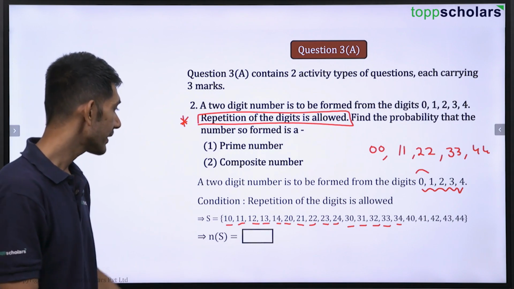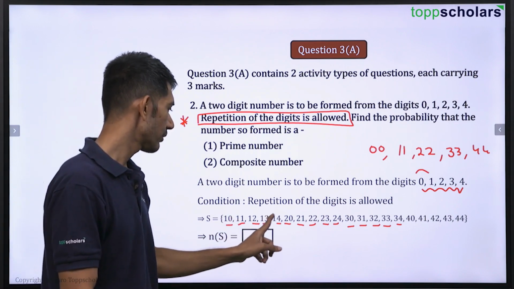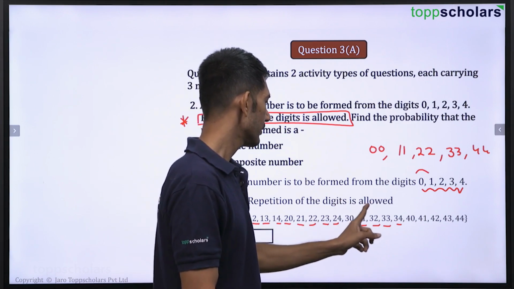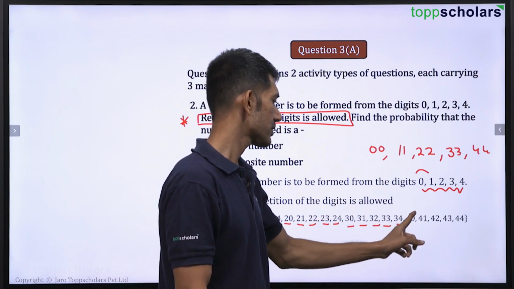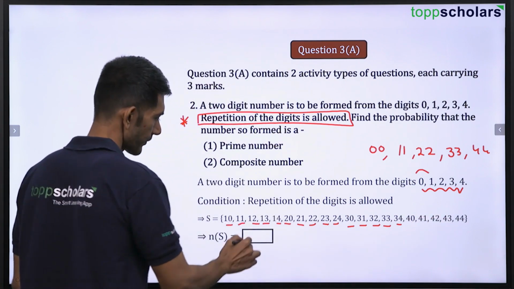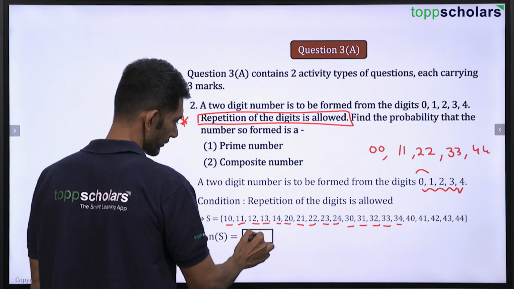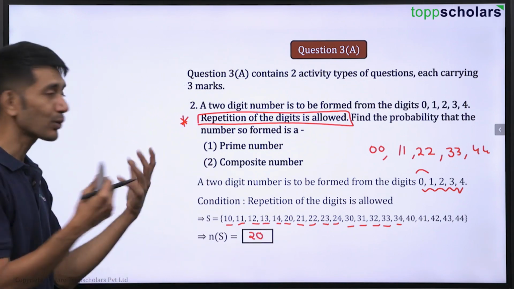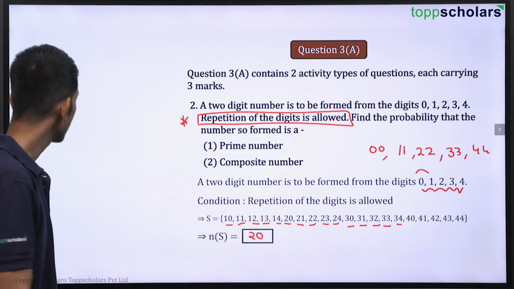You have to count that: 1, 2, 3, 4, 5, 6, 7, 8, 9, 10, 11, 12, 13, 14, 15, 16, 17, 18, 19, 20. Correct? 20. So 20 is the total number of elements basically. You can say n of s is 20.